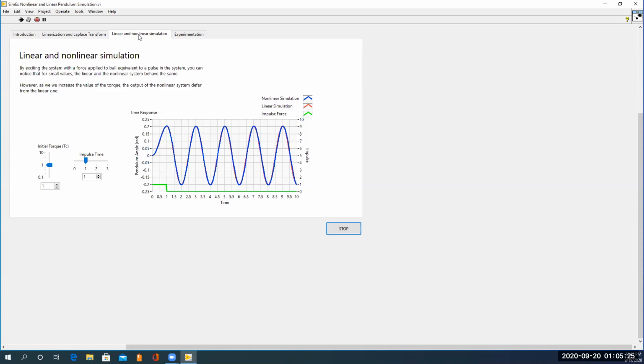In this case, you see the approximation is very good. We still use the same torque, but the linear model and nonlinear model from the simulation result are almost the same. Then we say it is a good approximation. We can use this linear model for the control design.